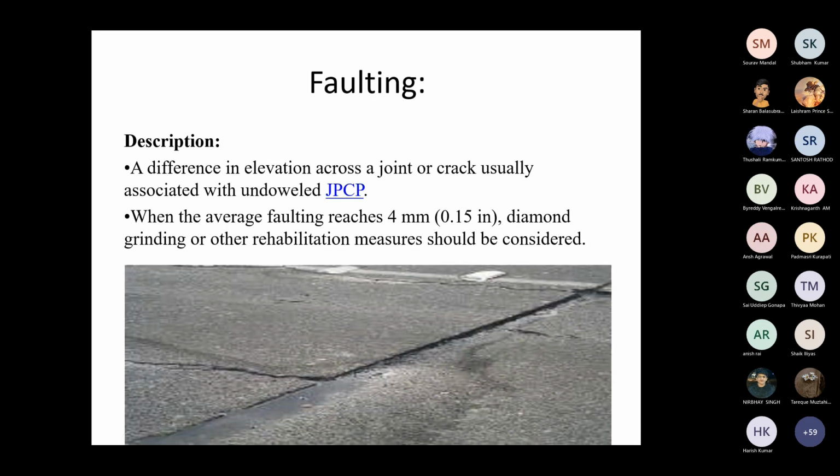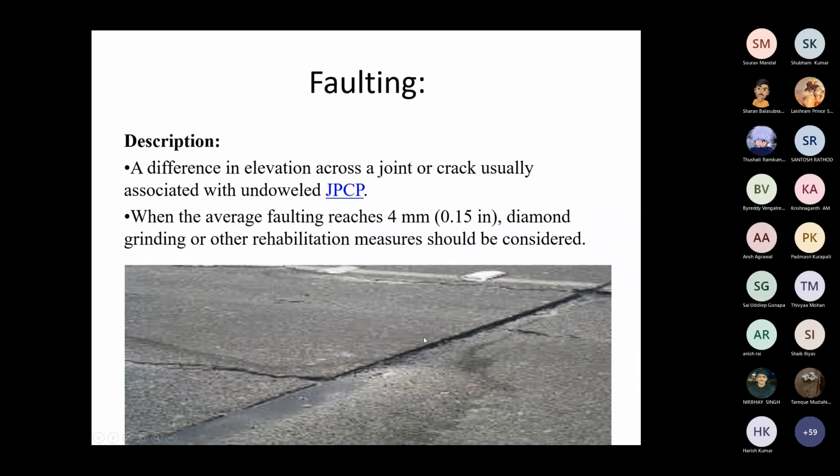Faulting means a difference in elevation across the joint or crack, usually associated with undeveloped joints. You can see here that joints are there, and if you are not providing dowel bars, then what will happen?